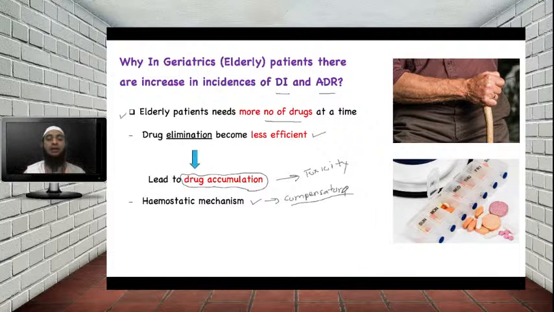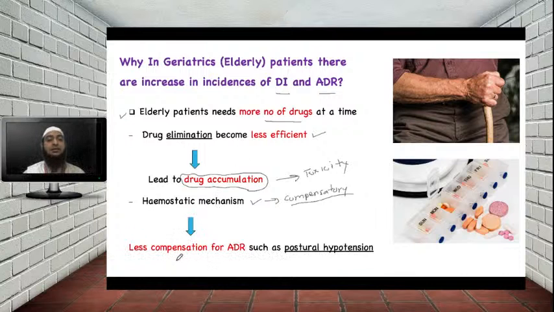But in elderly patients, this homeostatic mechanism is disturbed, and as a result there is less compensation of ADR. I have just given one example, that is less compensation of postural hypotension. This is hypotension that happens due to a change in posture.